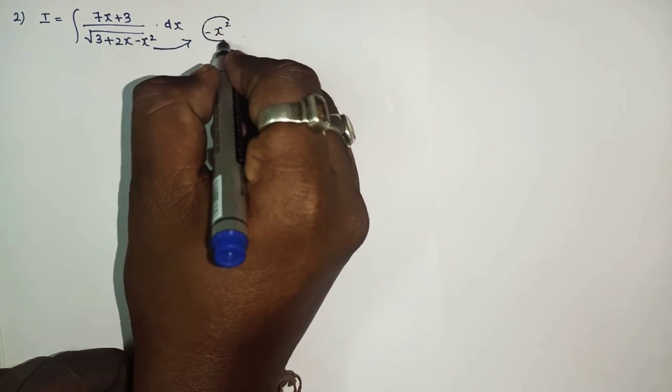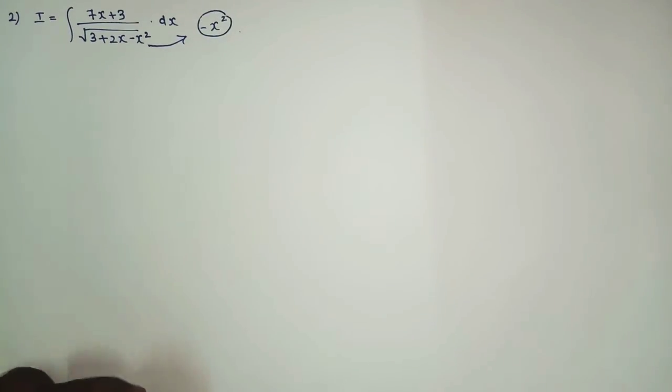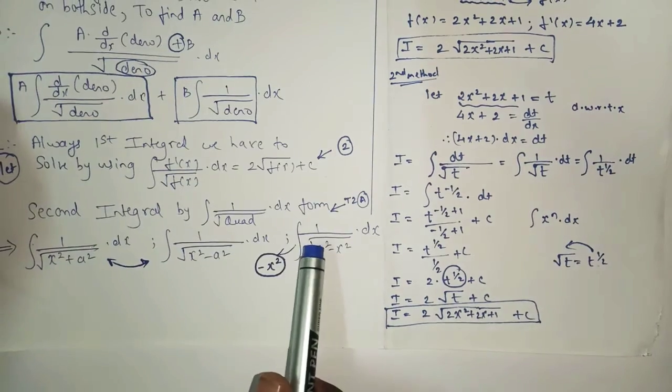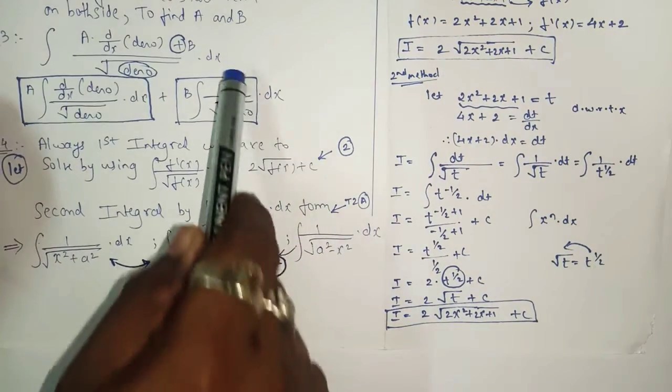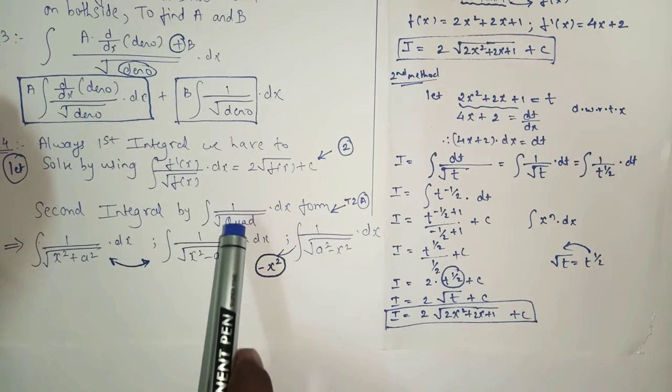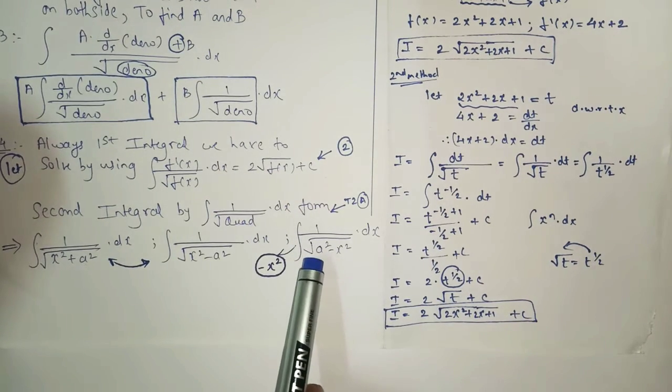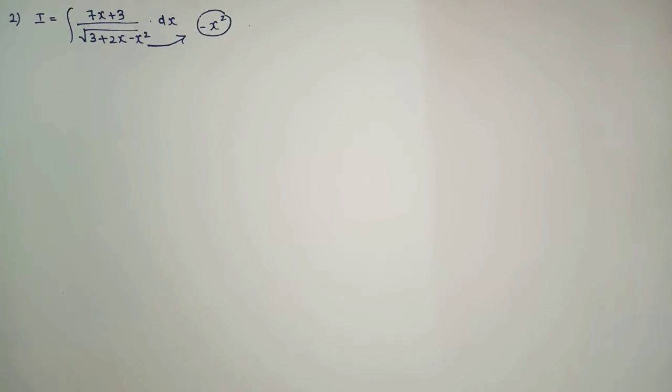Just now I explained, whenever the symbol of x square is negative, straight away you have to apply the third formula for the second part, whenever it gets converted into integral 1 upon root quadratic. Yes or no?